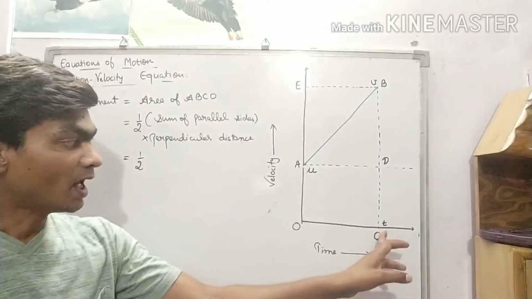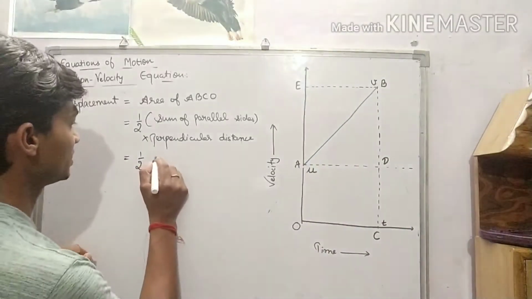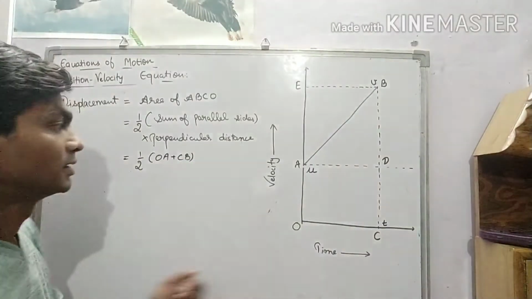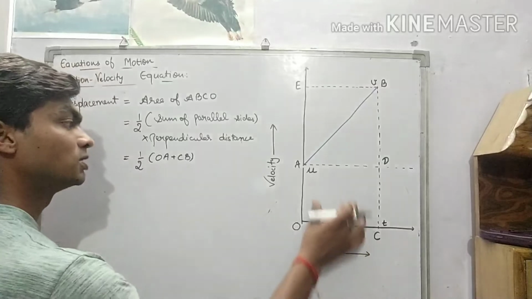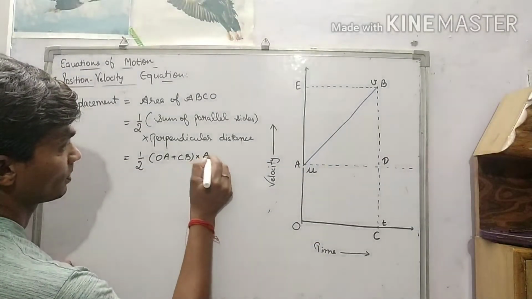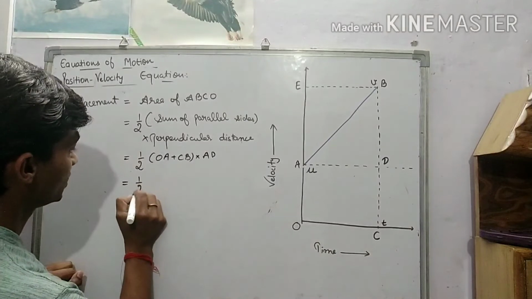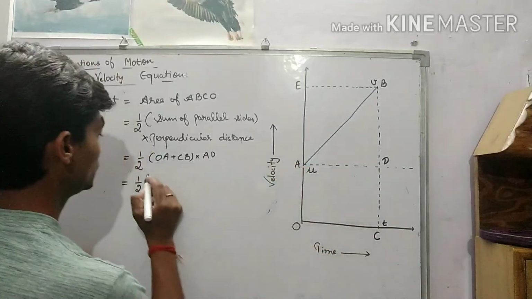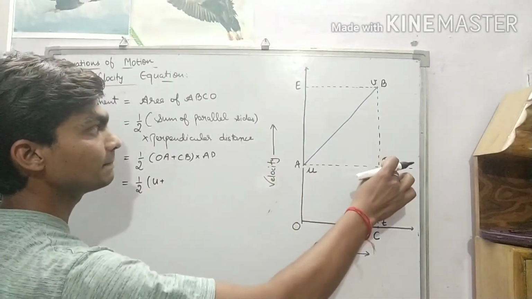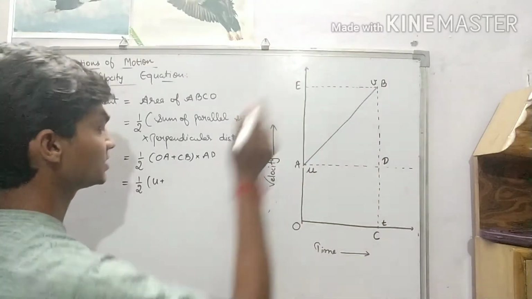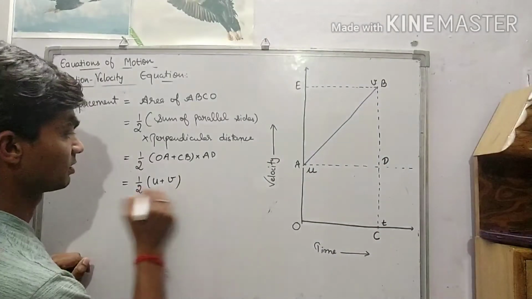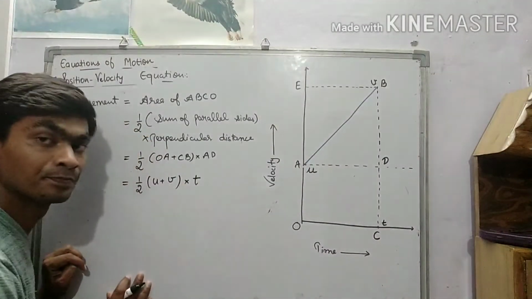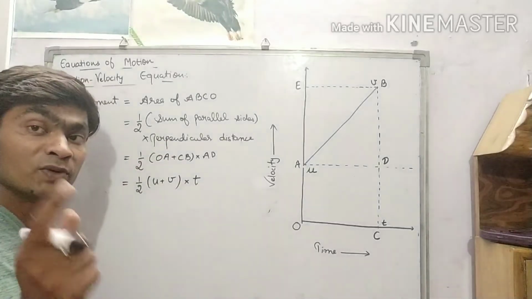OA and CB. So we write OA plus CB, and the perpendicular distance, that is OC or AD. That can be written as 1 by 2, OA means U, CB means V, into AD means T.